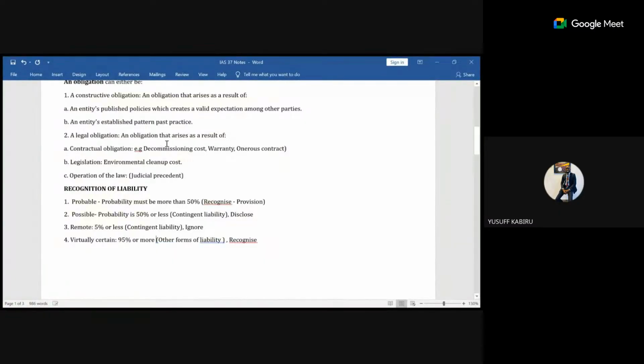So that is virtually certain, and we are going to recognize it. So that is the recognition criteria. IAS 37 talks extensively on this. So now let's move to the next.